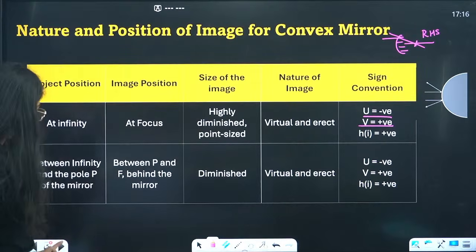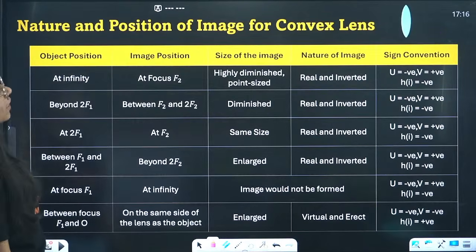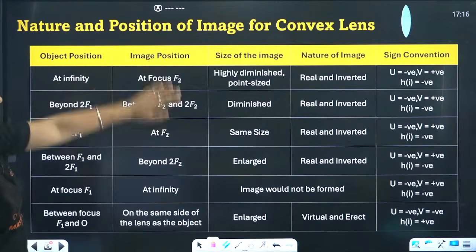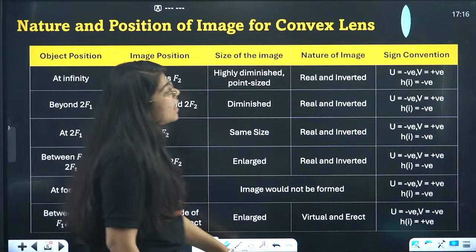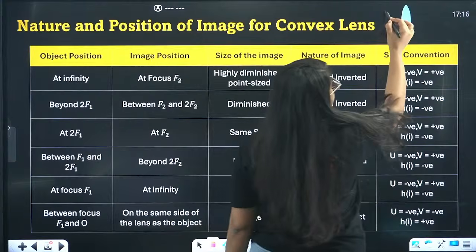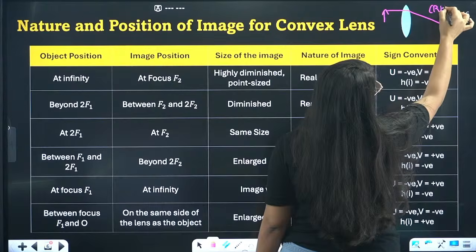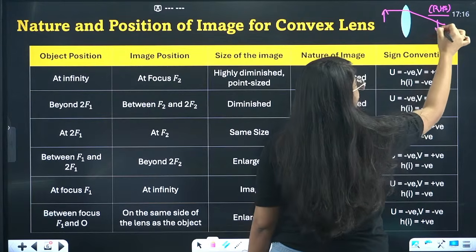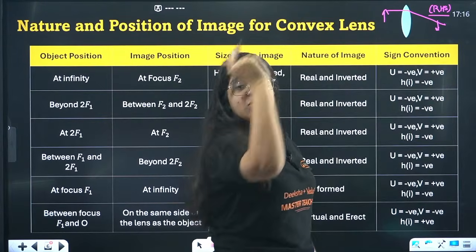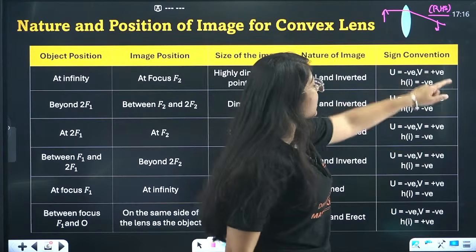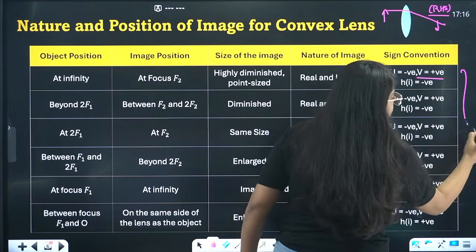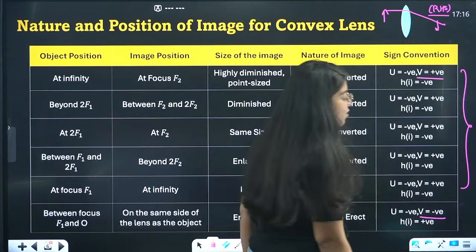Done. Next, same for lenses. You can have this information as well. Same for lenses, but we know in case of lenses, even the real and inverted image is formed on right hand side, right? The real and inverted, but image is on the right hand side. So V is positive in the first 5 cases, and in the 6th case V is negative.